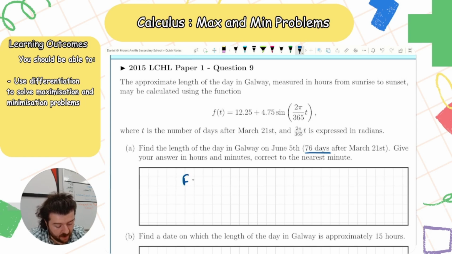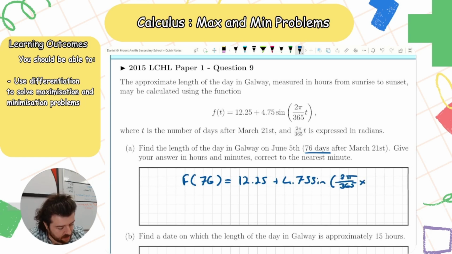So I'm looking for f of 76, which is 12.25 plus 4.75 sine 2 pi over 365 times 76.